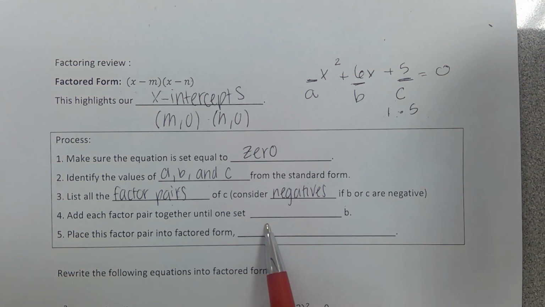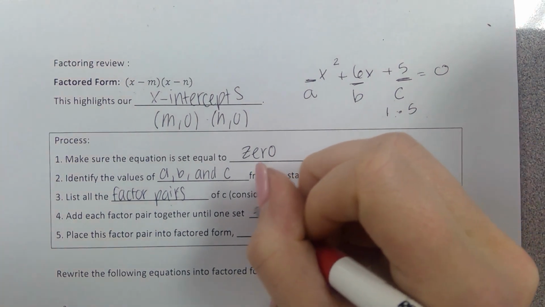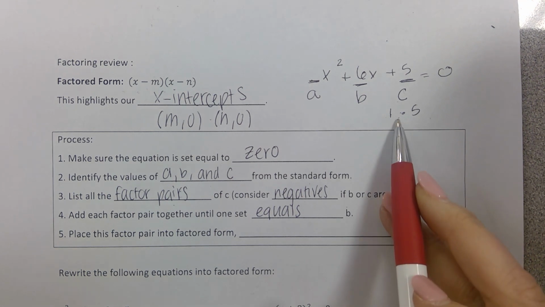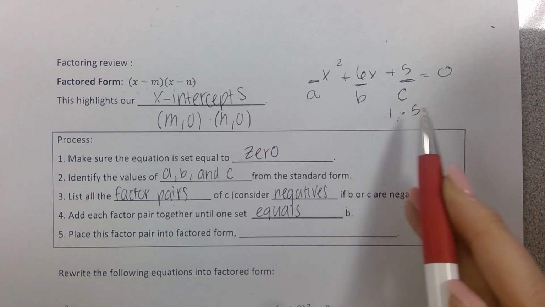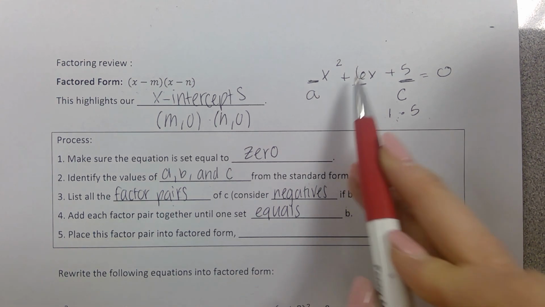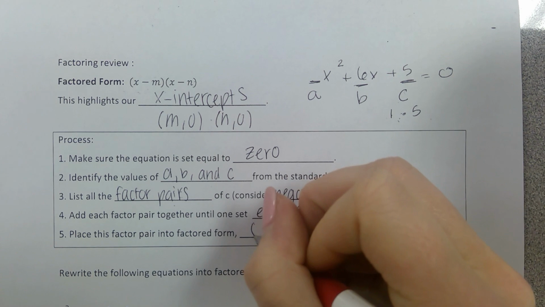Next thing that we're going to do is to figure out which factors we're going to end up using. We're going to add each factor pair together until one set equals b. So if you look up here, we only have one factor pair, but we can see that 1 plus 5 is equal to 6, our b value right here. So the last thing that we're going to do is place this factor pair into factored form.